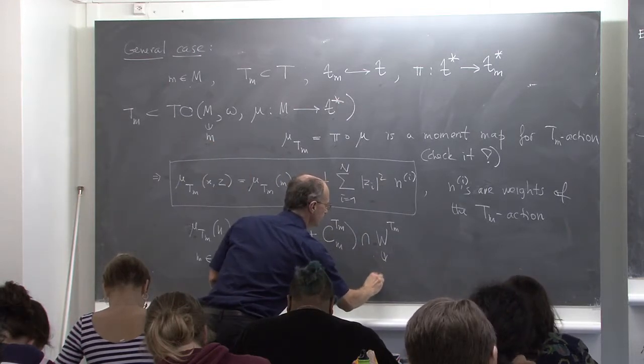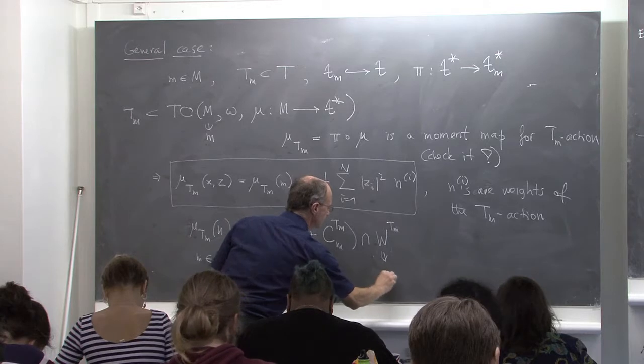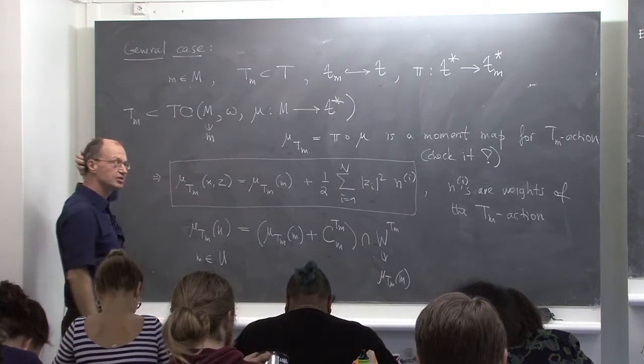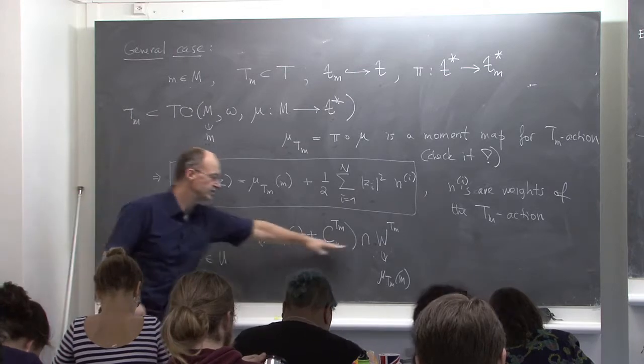So this will be a neighborhood of UTM of M. So the whole discussion we had before is valid.